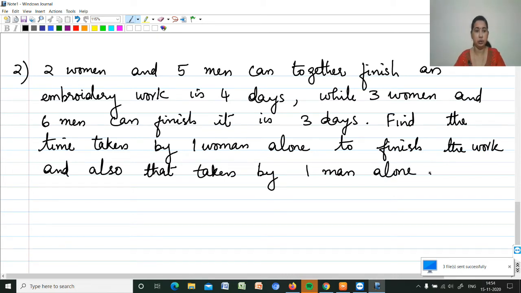So 2 women and 5 men can together finish an embroidery work in 4 days, while 3 women and 6 men can finish it in 3 days. Find the time taken by one woman alone to finish the work, and also the time taken by one man alone. So those which we have to find, we'll take as x and y.